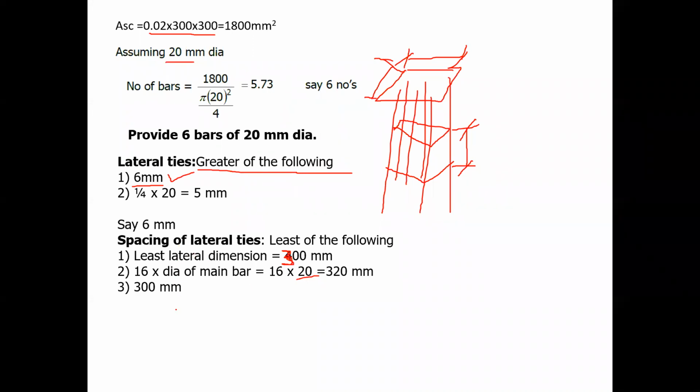Which is the least? 300 mm. Take down, therefore provide 6 mm dia at 300 mm center to center.